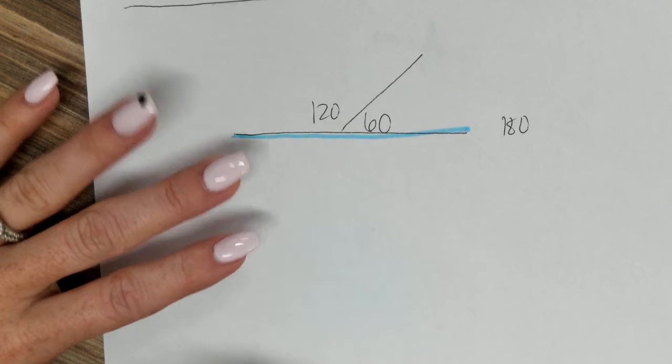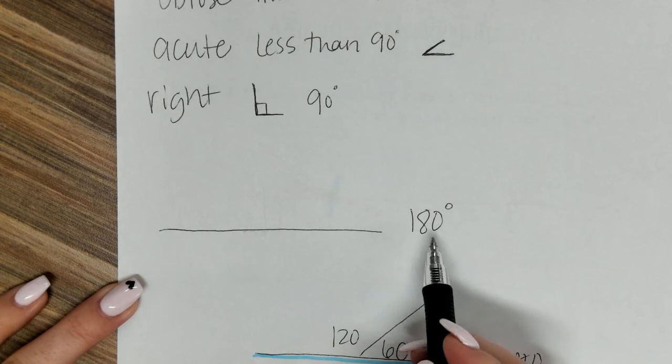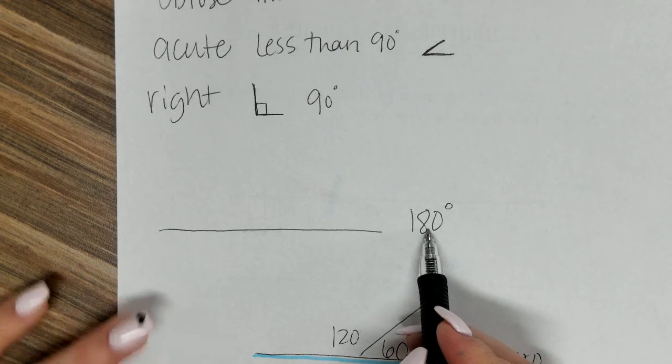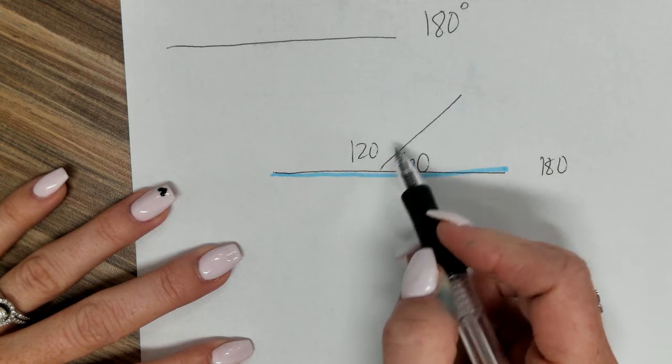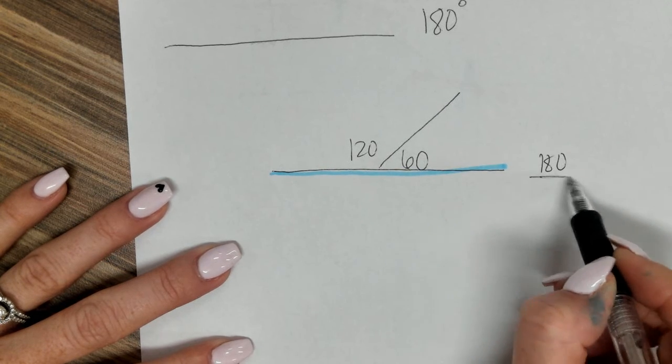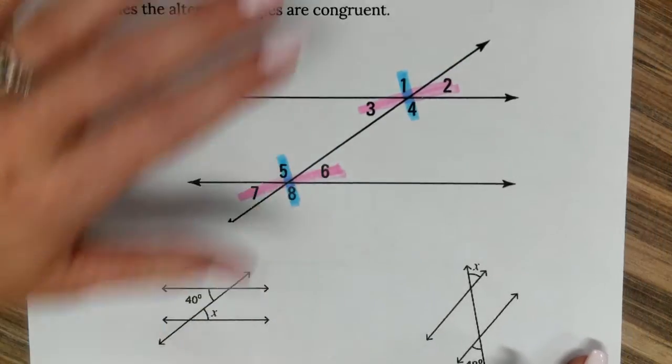Do you understand how I figured that out? What did we learn about a straight line? It's 180. So if I have a straight line split with two things, it still has to equal 180. Are we good now? Okay, I'm going back to the front.